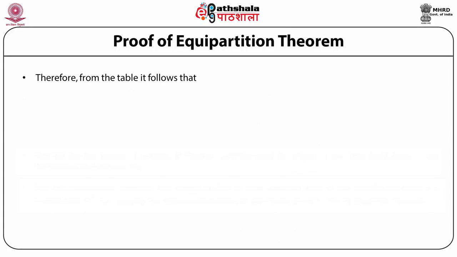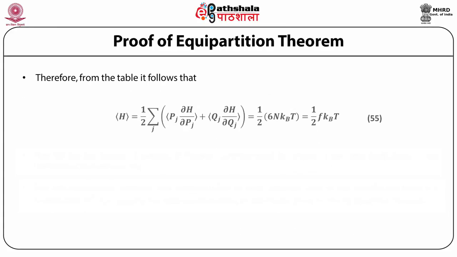Therefore, from the table it follows that the mean value of H is equal to half multiplied by the summation over j of the mean value of pj partial H upon partial pj plus the mean value of qj partial H upon partial qj, is equal to half 6N kBT, which is equal to half f kBT.